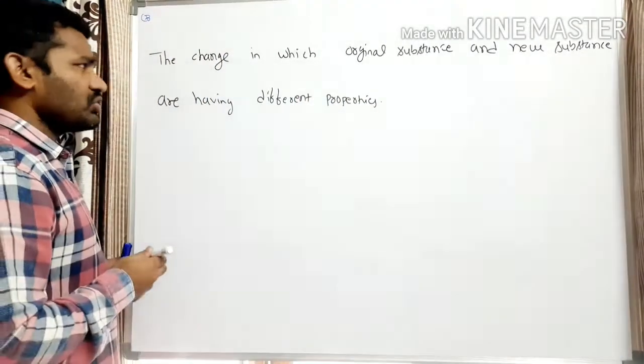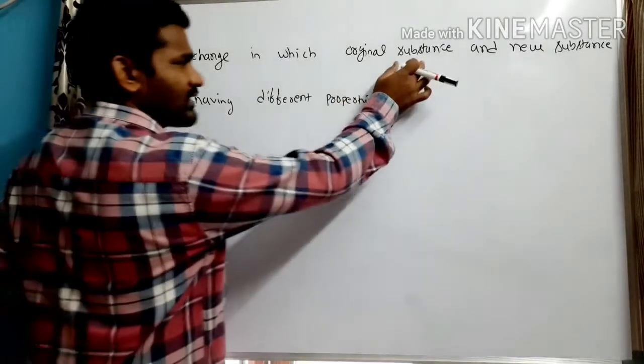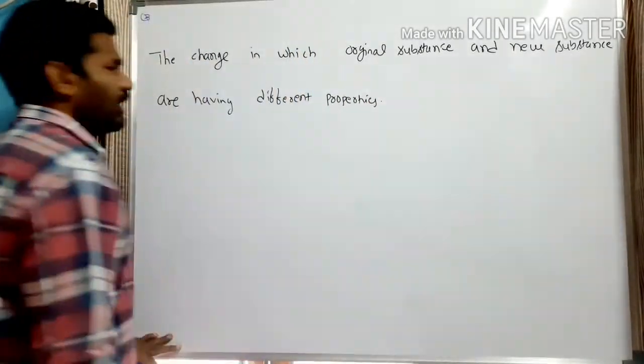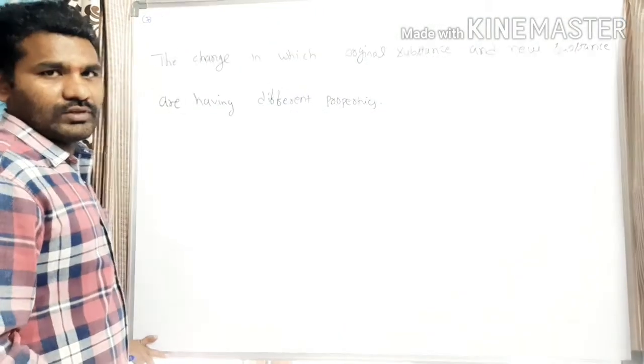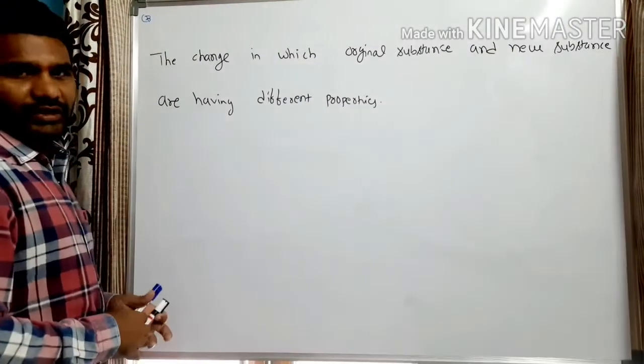The change in which original substance and new substance are having different properties, that is called a chemical change.